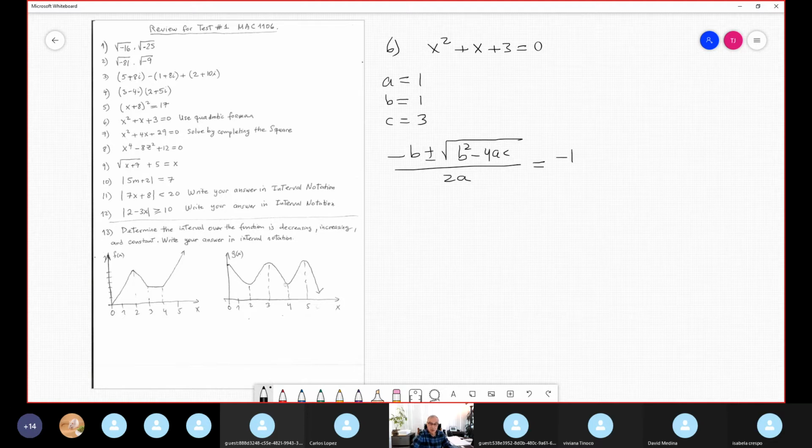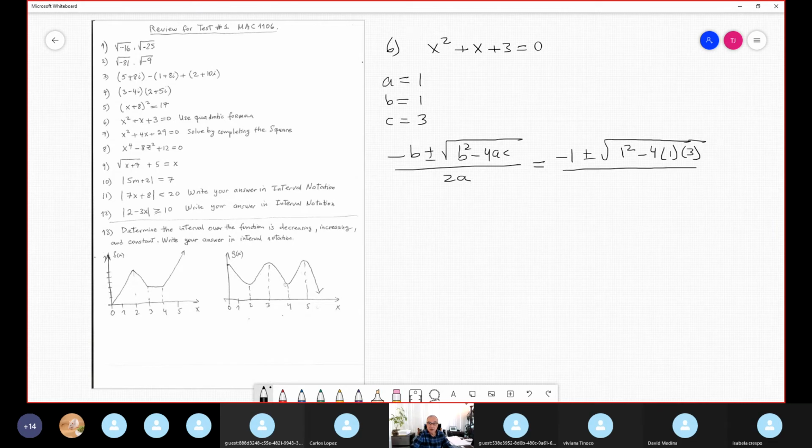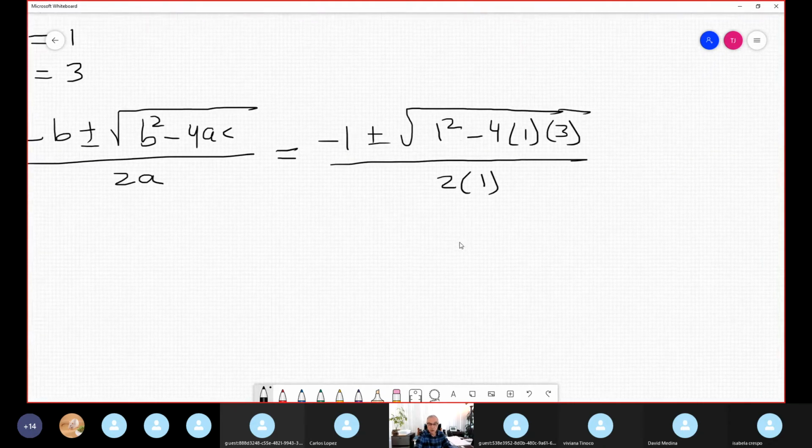It's minus 1 because B is 1, plus or minus square root of 1 squared minus 4 times A is 1, C is 3, divided by 2 times 1. Okay, so we focus on the operation inside the radical because it's the first one that you should do according to the order of operations. So this guy, I focus on this.